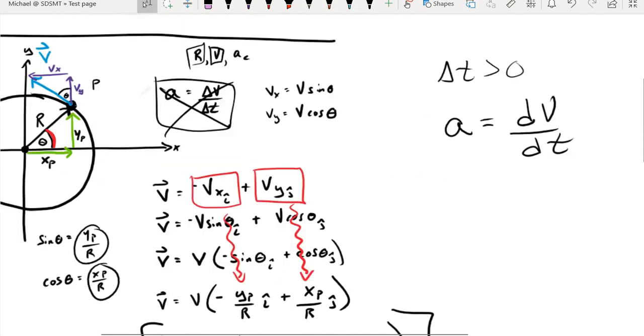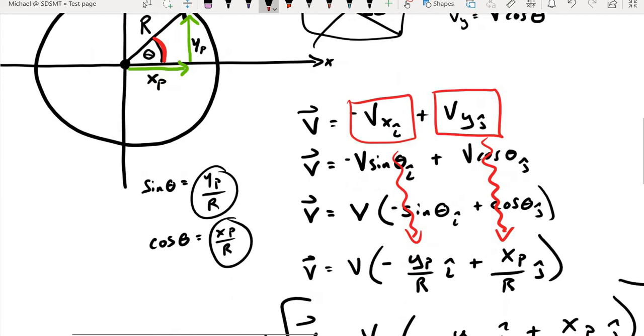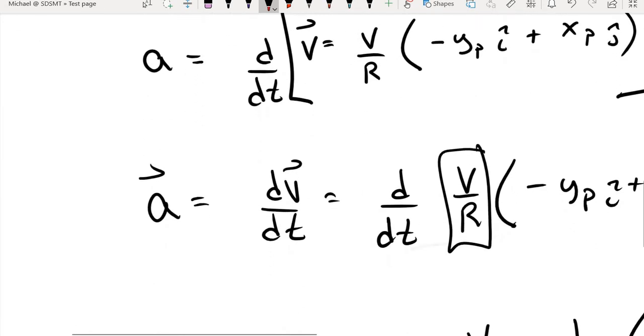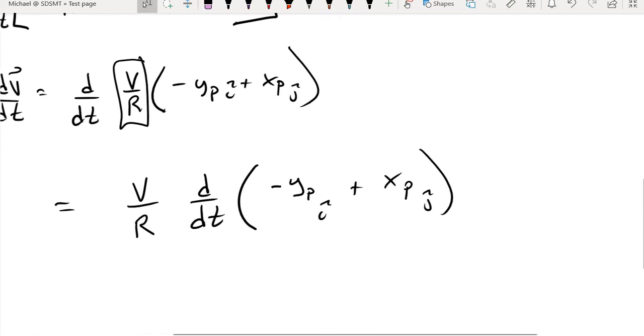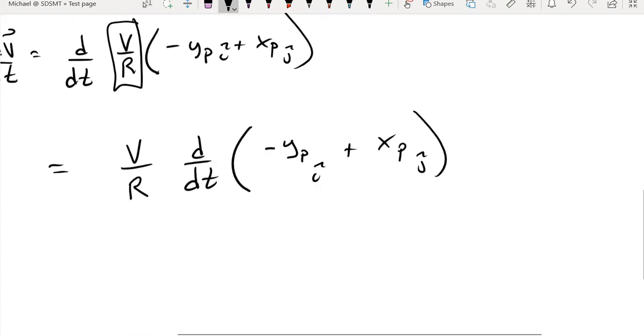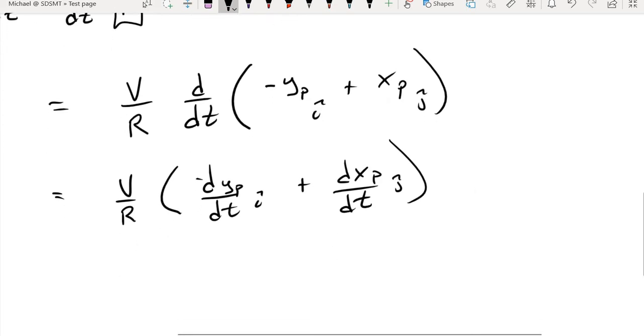So as our particle starts to move around the circle, those x and y components are going to start changing with respect to time. But there's a definition hiding in there. What do we call it when we have a change in position with respect to time? Well, any change in position with respect to time is velocity.